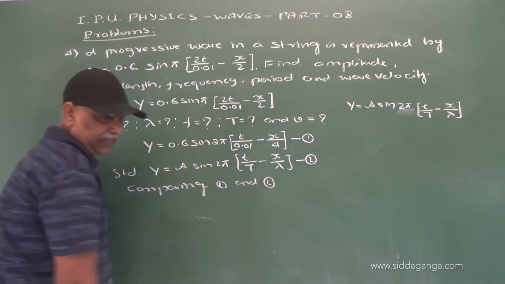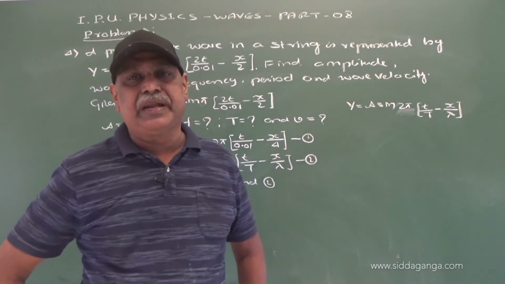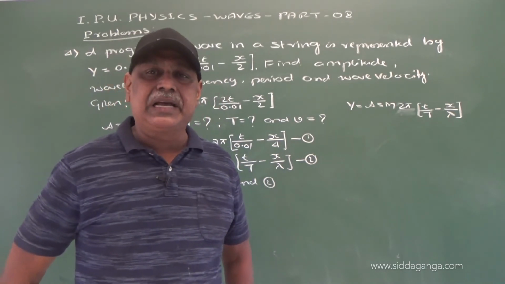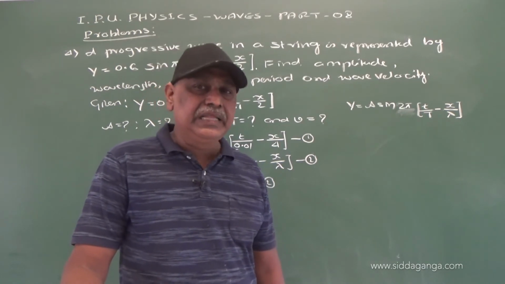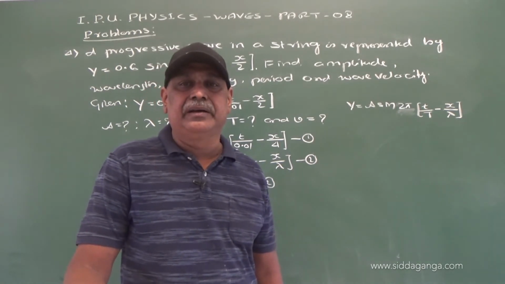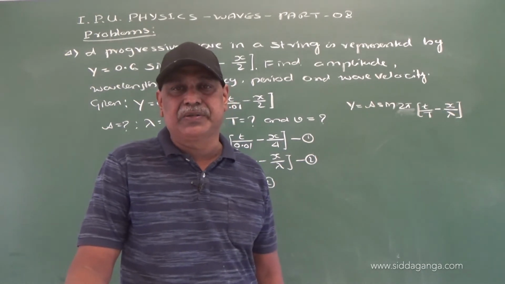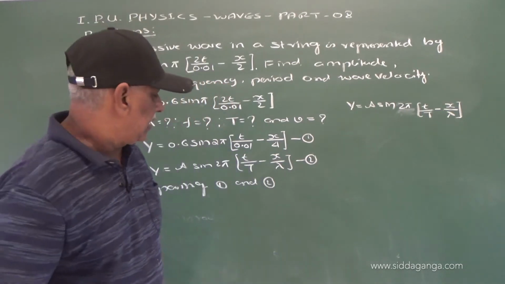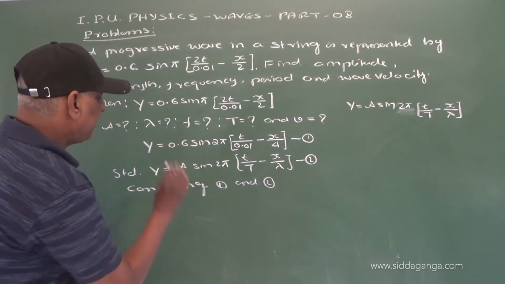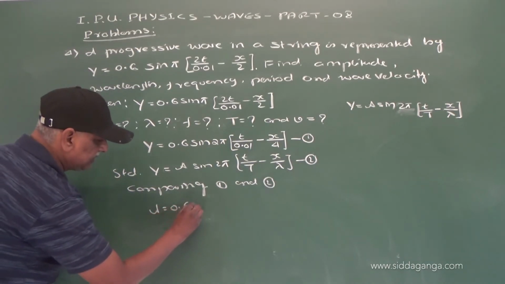In the previous problem, the given equation itself is directly comparable with one of the standard equations. But in this numerical problem, to compare it with one of the standard equations, we have to modify that equation. Now, the remaining thing is as usual, A is equal to 0.6 meter.